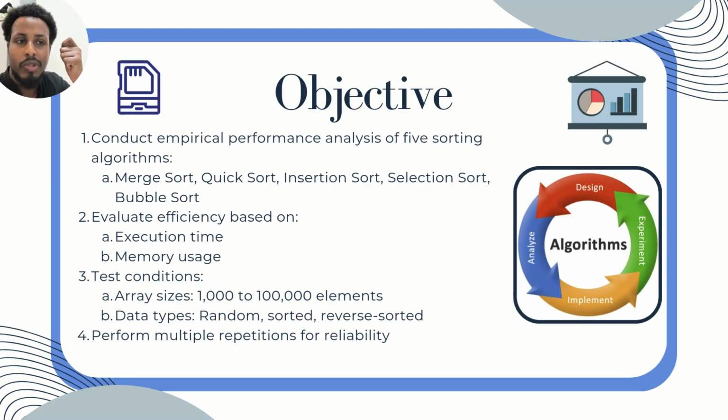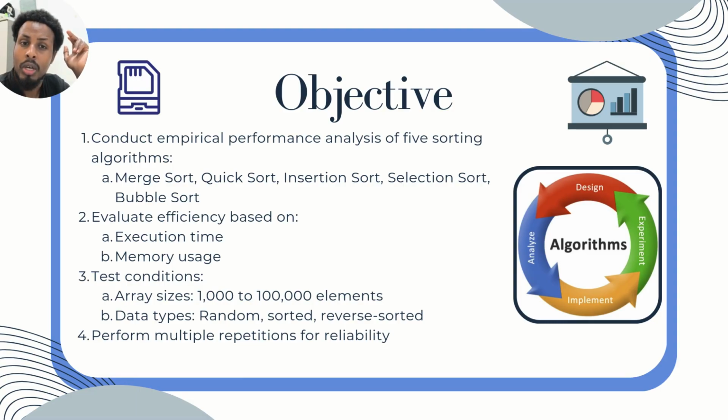The objectives of this project are: first, to conduct an empirical performance analysis of five sorting algorithms: merge sort, quick sort, insertion sort, selection sort, and bubble sort. Second, to evaluate their efficiency based on execution time and memory usage.